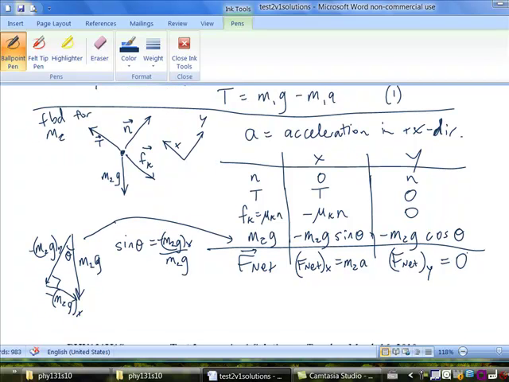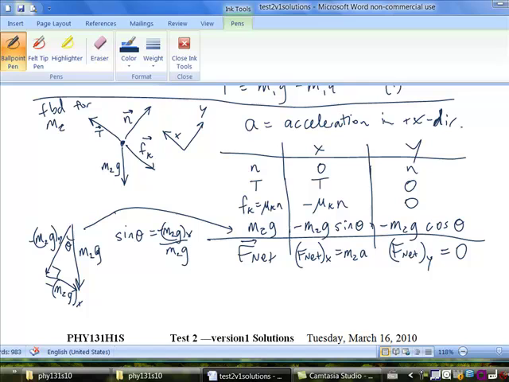So let's start with the y component. F net y equals 0 is, let's sum these up, normal force plus 0 plus 0, plus 0, minus m2g cos theta. And this allows us to solve for the normal force.